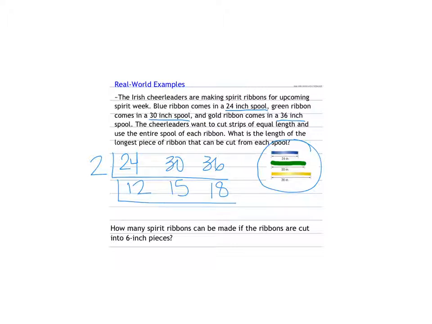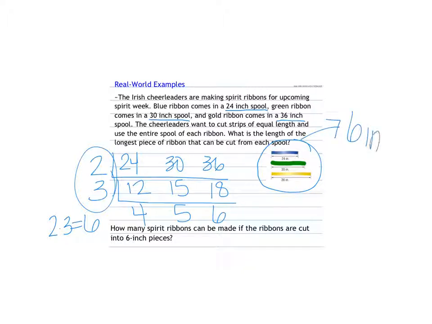I know they can all be divided by 3, so then I have 4, 5, and 6, and they all can't be divided by anything further of the same number. So my GCF is going to be 2 times 3, which is 6. So that tells me that the ribbons are going to each be 6 inches. So they'll cut 6 inches of each ribbon.